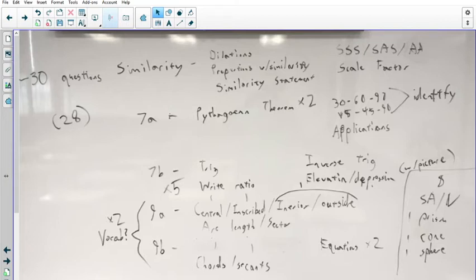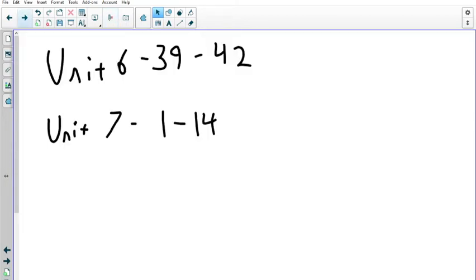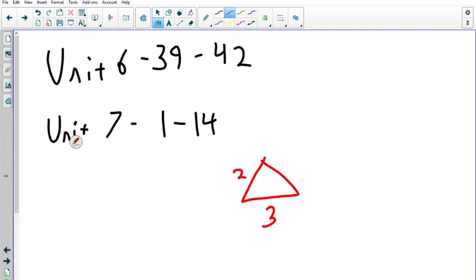Next, proportions with similarity. Let me give you an example. This is 2, this is 3, this is 4, and I have these 2 triangles being similar. This is 6, this is x, and I'm asking you to solve for x. We would say, well, we have 6 over 2.